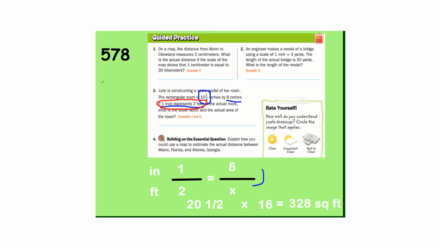So if we have 1 inch is 2 feet, we have to get both the same labels. So how many inches do we have in 2 feet? 24. So what is my scale factor? 1 to 24. That's the answer. That's the scale factor. Don't need the labels. That's the scale factor right there. Okay.